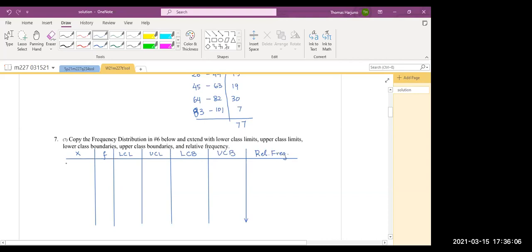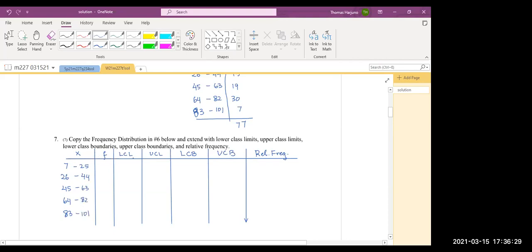Okay, the classes are 7, plus 19 is 26, 45, 64, 83. This will be 25, 44, 63, 82, 101.